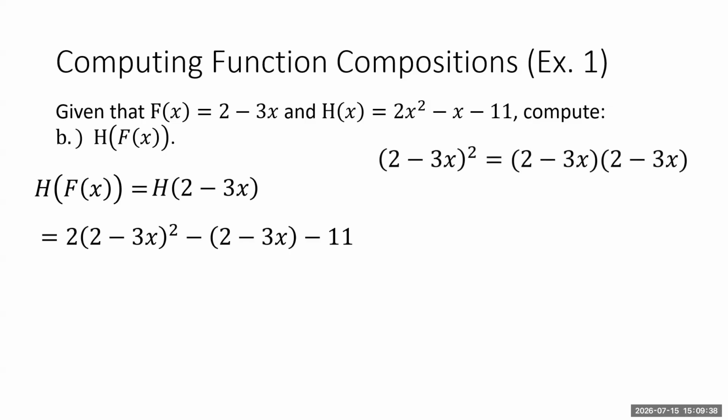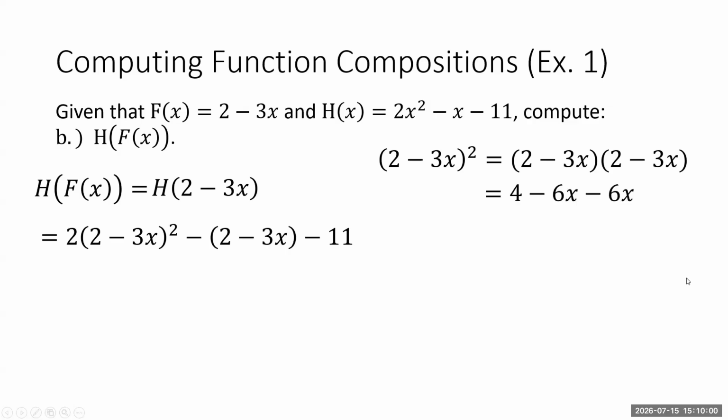Off to the side, I have that 2 minus 3x squared is the quantity 2 minus 3x multiplied by the quantity 2 minus 3x. Thus, I have to use binomial multiplication techniques to expand this operation.